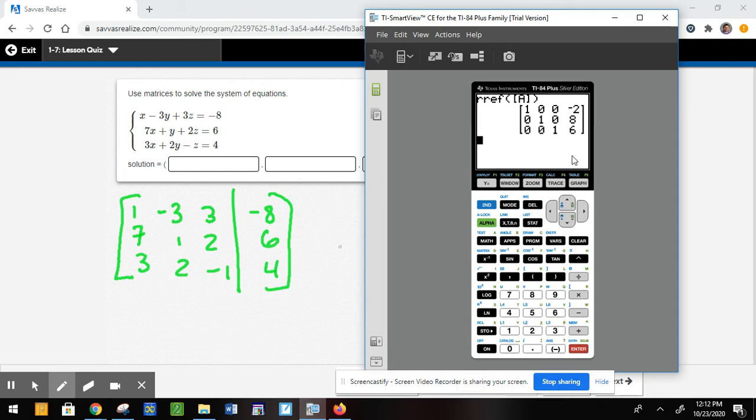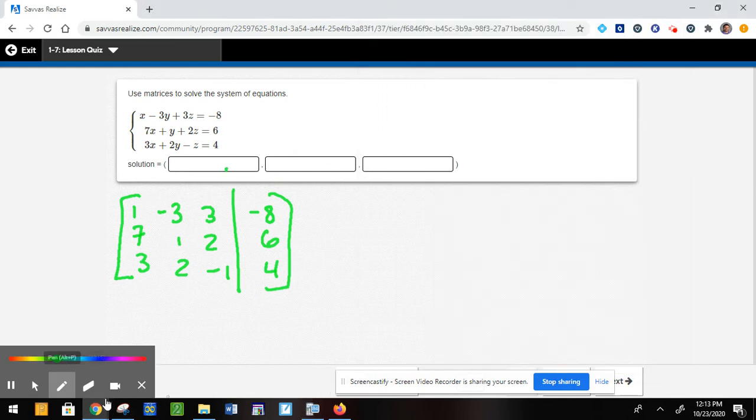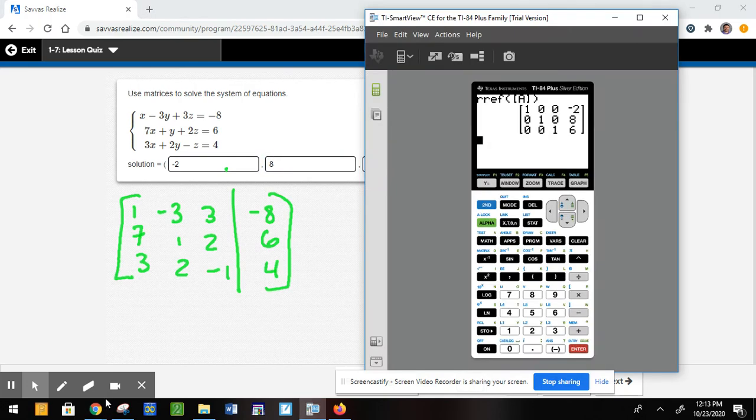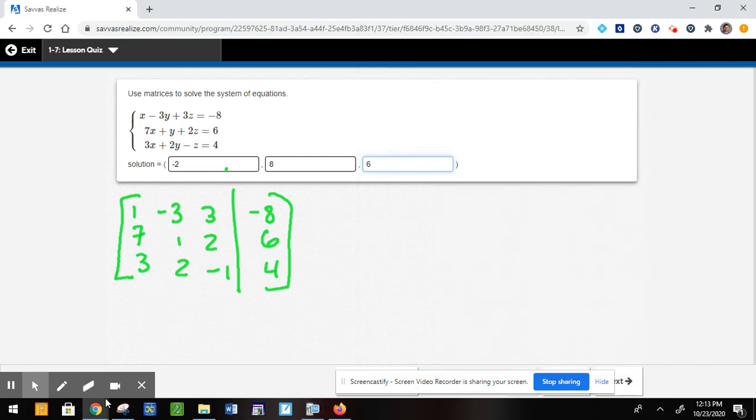Okay, so what that means is -2 is x, 8 is y, 6 is z. They'll match up that way, and that's it.